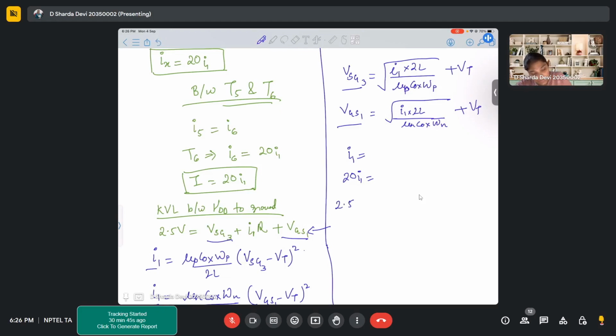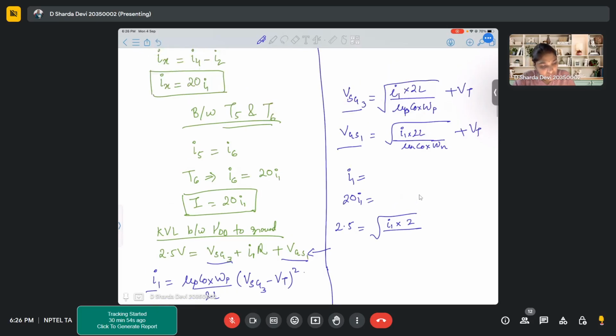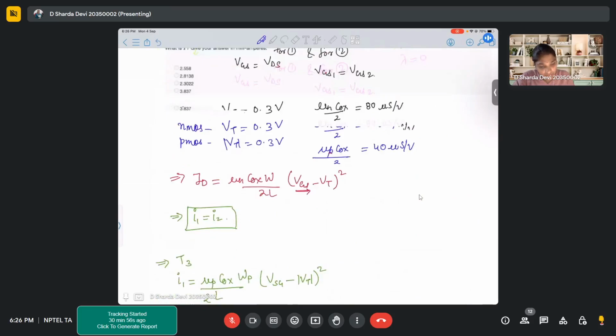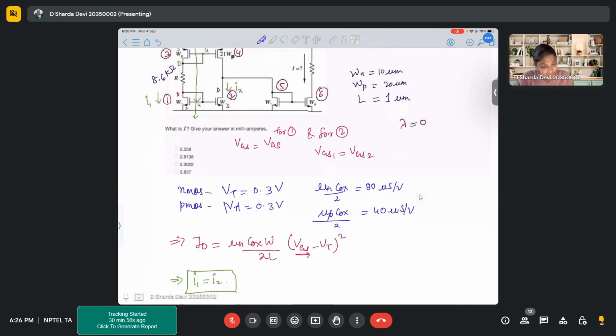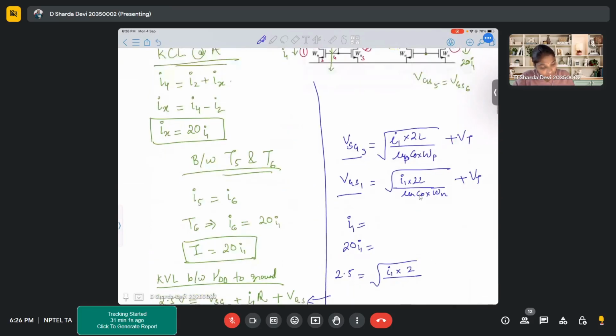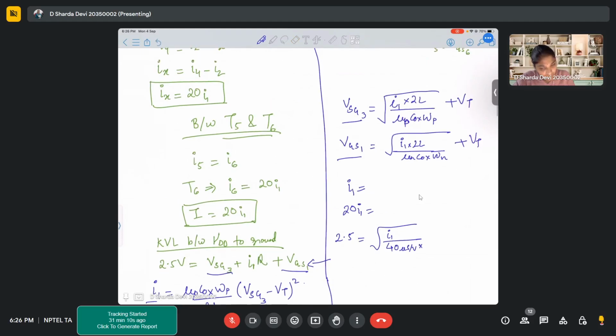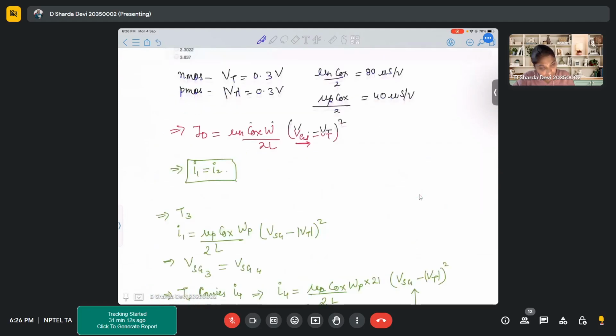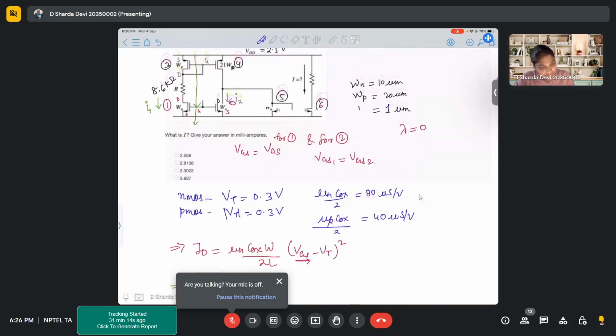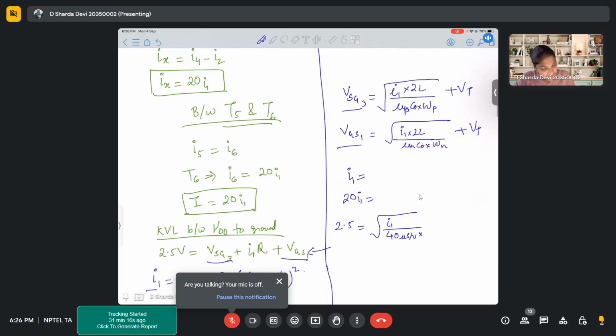It is like 2.5 into... Wn is 10 micro, Wp is 20 micro.